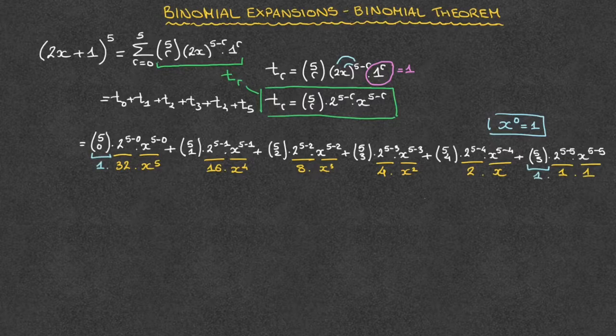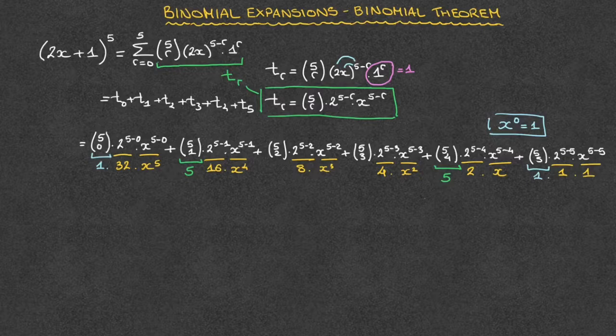The next important result is the fact that the second coefficient as we go from left to right, as well as the second coefficient as we go from right to left, so those are 5, 1 and 5, 4, will always equal the power to which we're raising the binomial. So in this case, that's 5. So without thinking, we can state that 5, 1 equals 5, and 5, 4 equals 5.